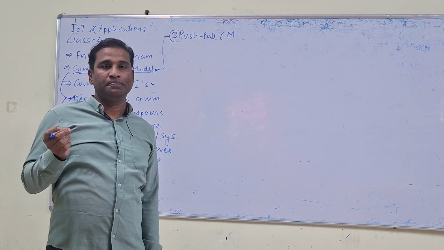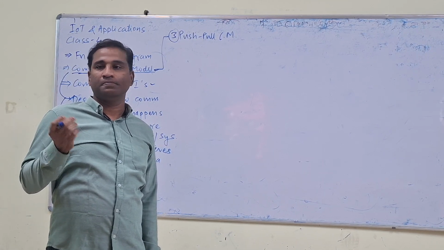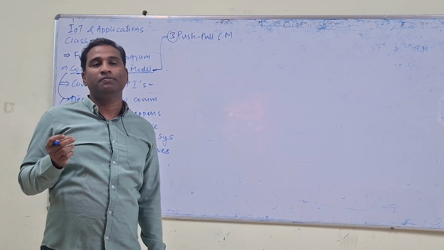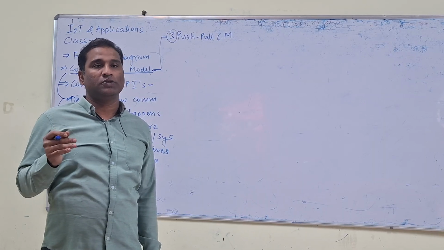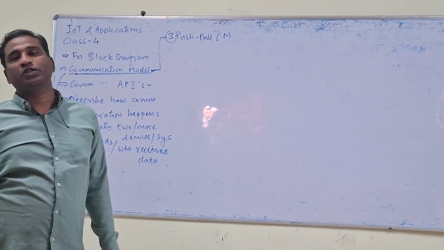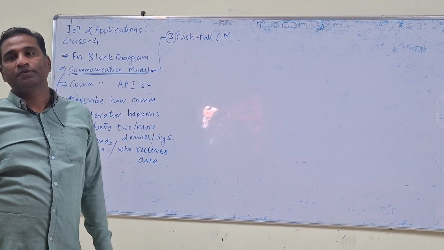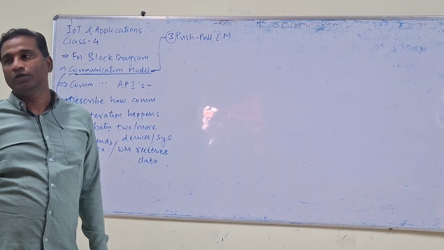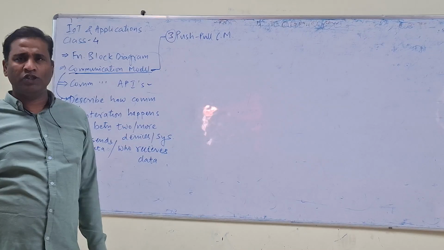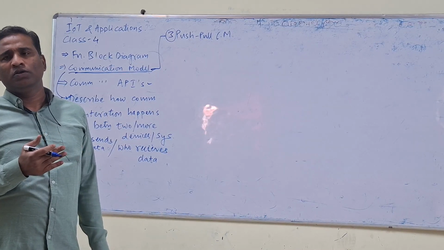Then GitHub. No, fundamental things, not applications. What kind of data structures come to your mind? Stack. That's it. Queue is the best one.